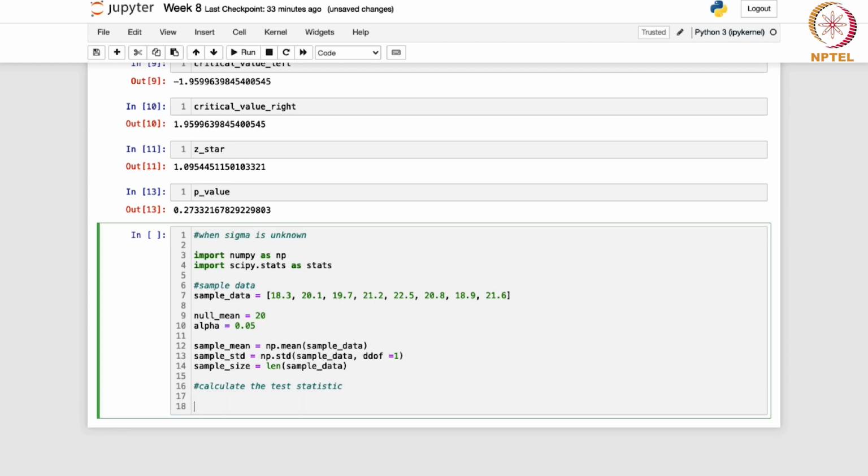So the test statistic, when sigma is unknown, you know that your T star basically was sample mean minus mu naught divided by S over root n. That is sample standard deviation, right?